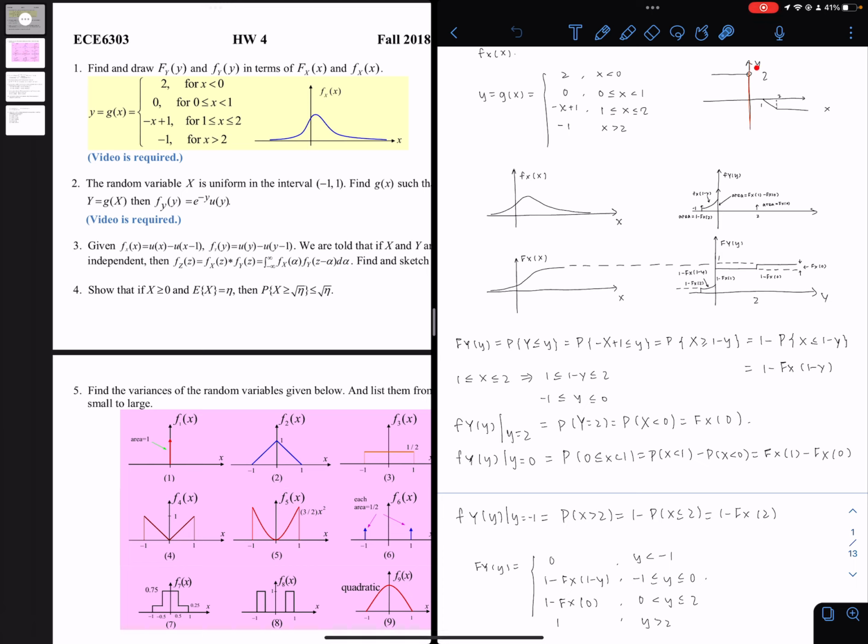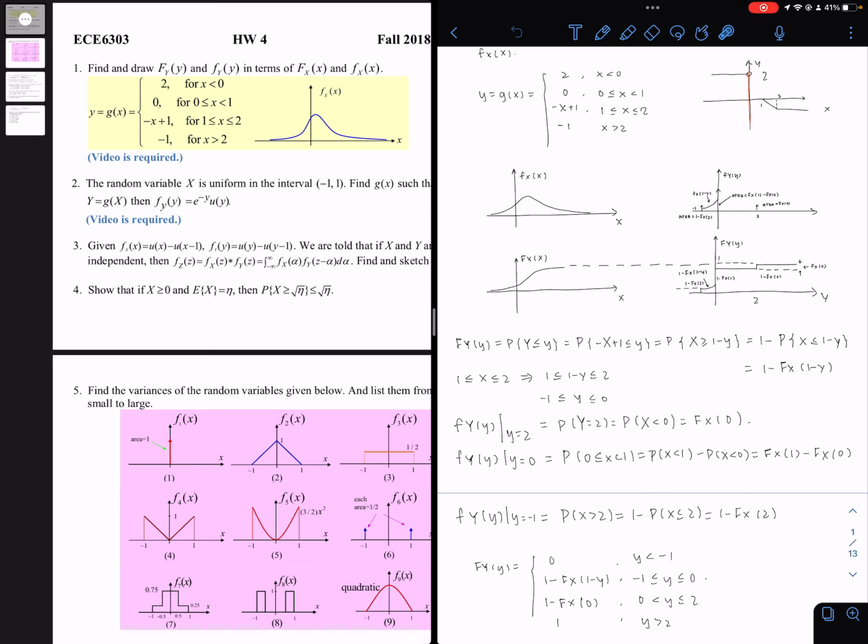So when y is 2, that's only when x is negative. So we have the cumulative probability value at 0.